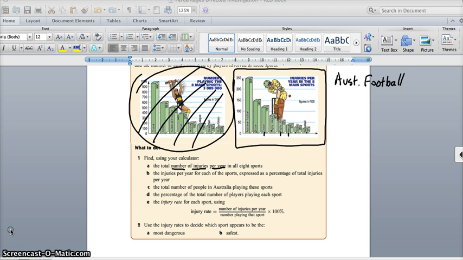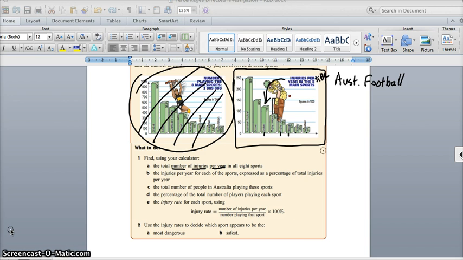Absolutely. So it's the title, isn't it? So this is the title of the graph. It tells you what this is all about. And we know that this graph relates to Australian football, and this one to soccer, and this one to cricket.